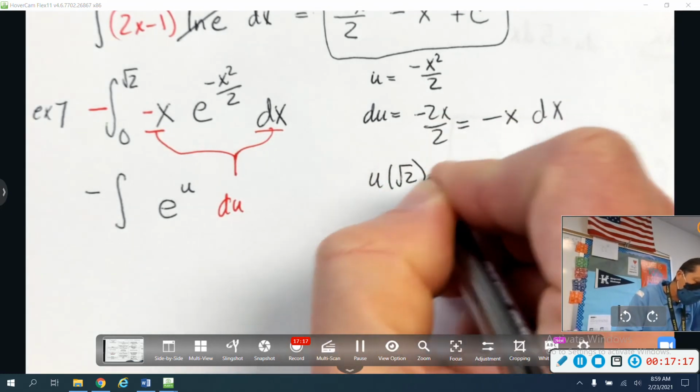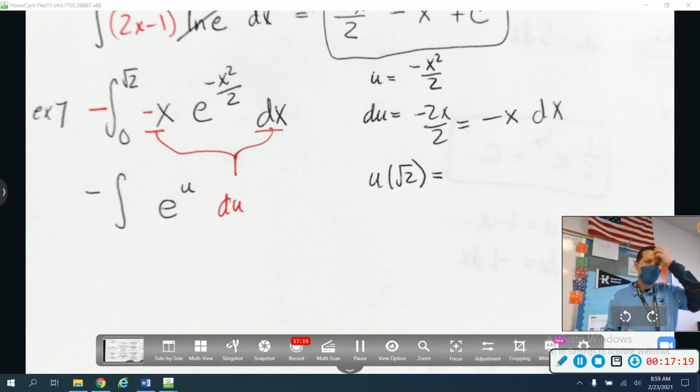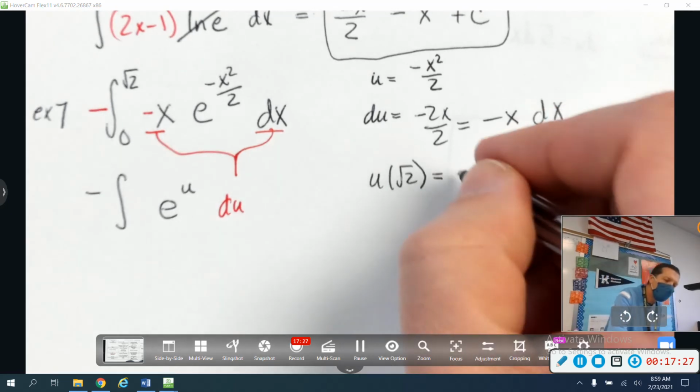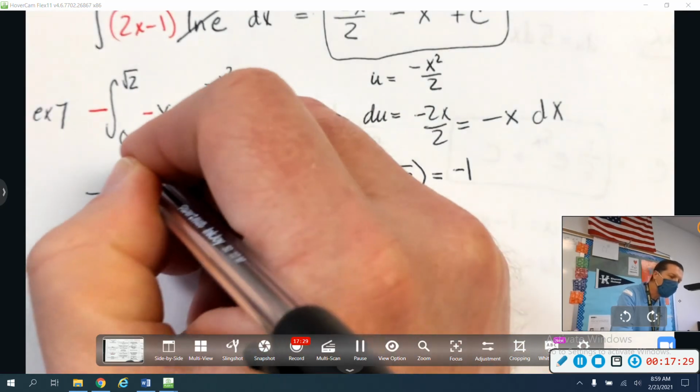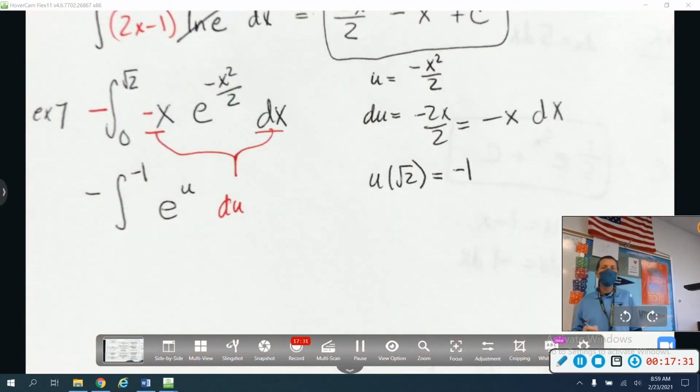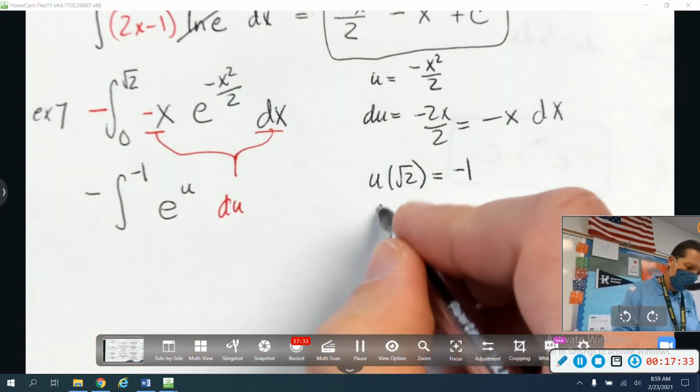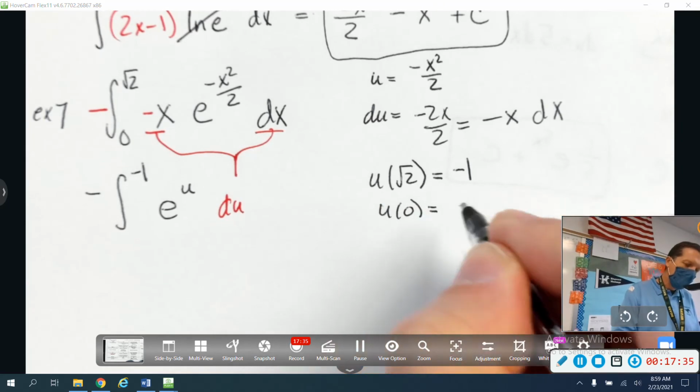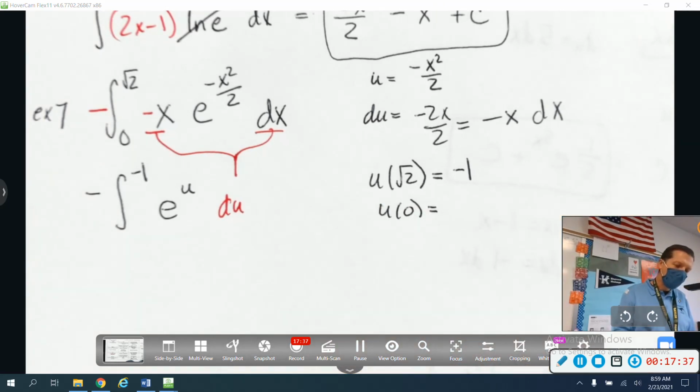So the top limit, if I plug in square root of 2, I get negative 1. So my u top limit is negative 1. And my u bottom limit, that's an easy one, is still 0.